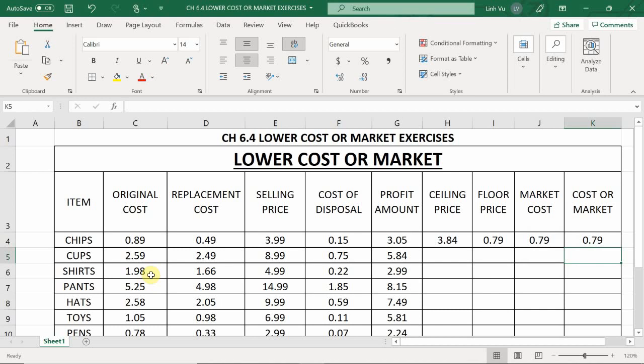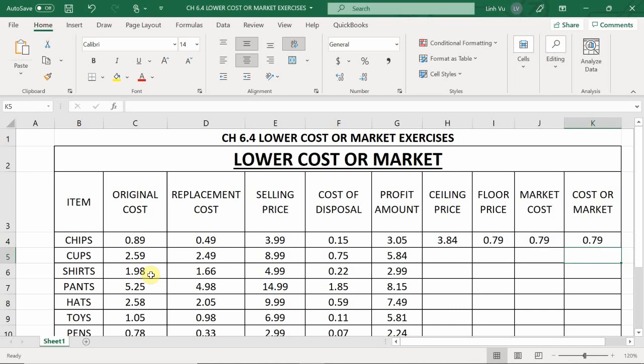Okay. So in this case, I have another inventory item. I bought some cups, maybe seasonal cups, for $2.59 each. However, due to the holidays being over, they are telling me now that these cups are worth $2.49 each. I sell these cups in my store for $8.99. To dispose of them is going to cost me 75 cents each.